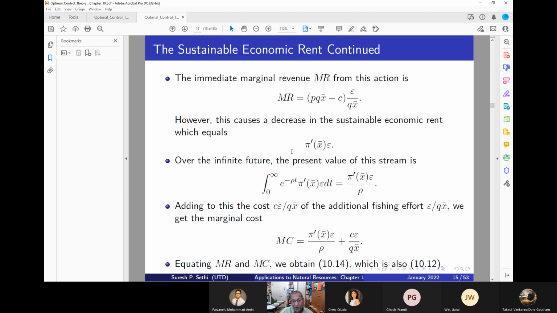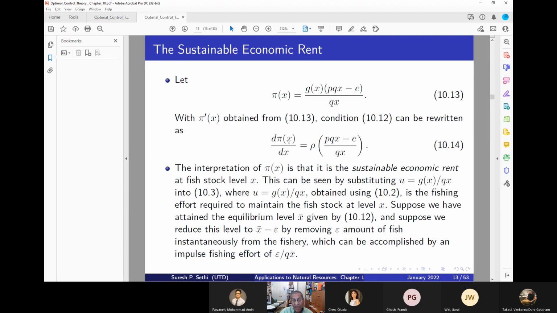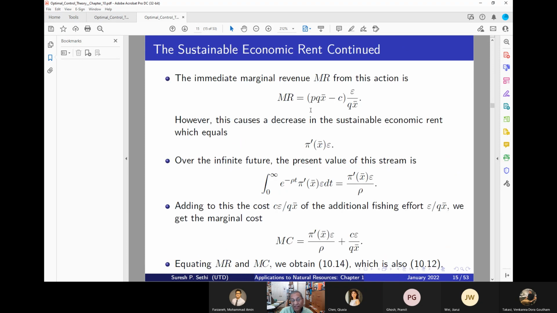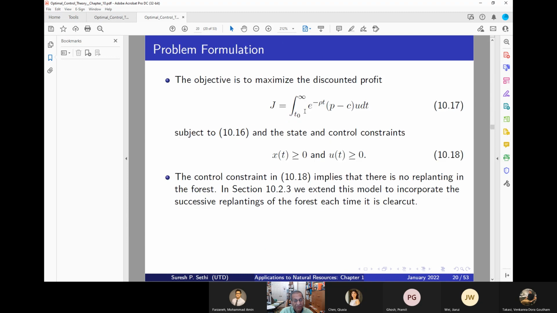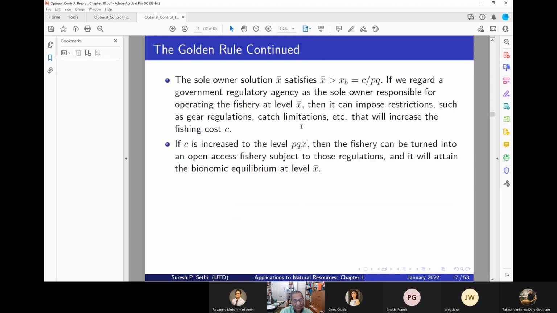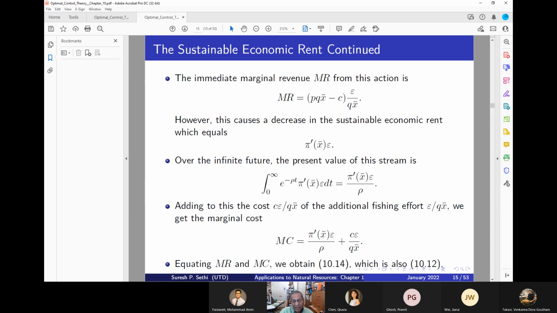But if I'm going to remove epsilon amount of fish, my biomass will be x bar minus epsilon, and my biomass will suffer. I will decrease my sustainable rent by pi prime x bar times epsilon, which is easy to see.